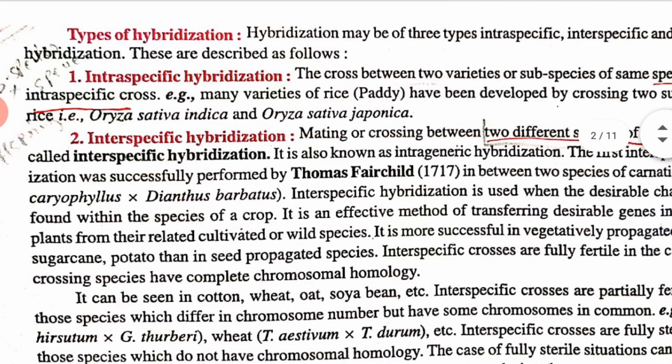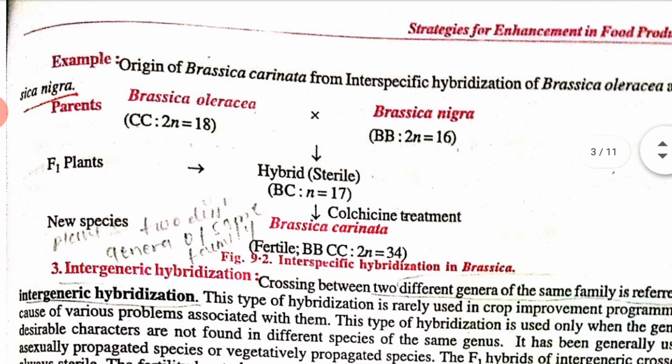Here we have one example of interspecific hybridization. See this example: this is Brassica oleracea and Brassica nigra. These are the two parents.